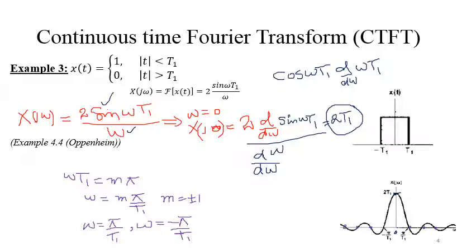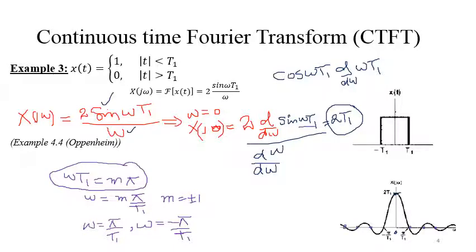So for the 0 crossing, the generalized expression is, because here theta is omega t1, the signal equals 0 when omega t1 equals m times pi. When m equals plus or minus 1, it has the first 0 crossing on the positive and negative side respectively, and so on.